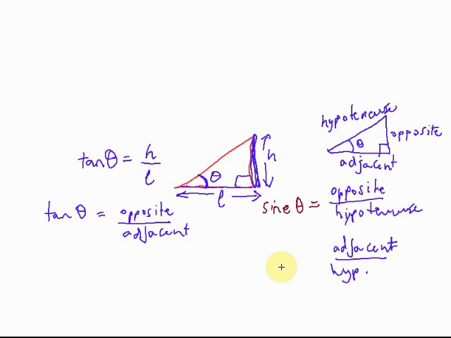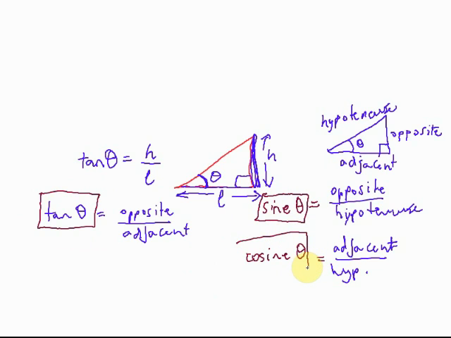That's just a ratio, and we refer to this, the ratio of the length of the adjacent side to this angle theta, to the hypotenuse, as cosine of the angle theta. So now we have the tangent of an angle, the sine of an angle, and the cosine of an angle defined.